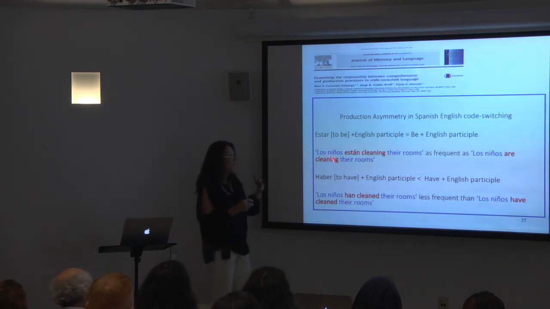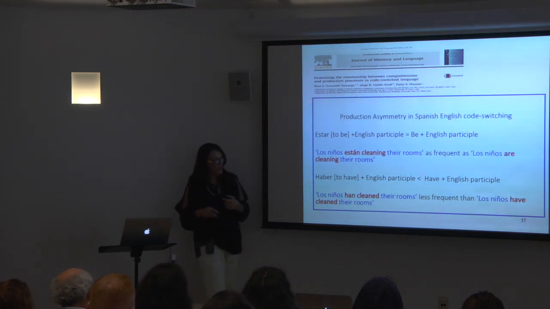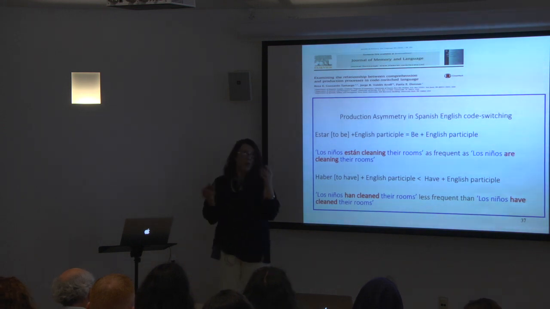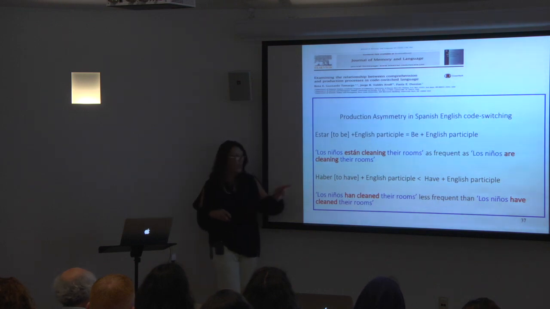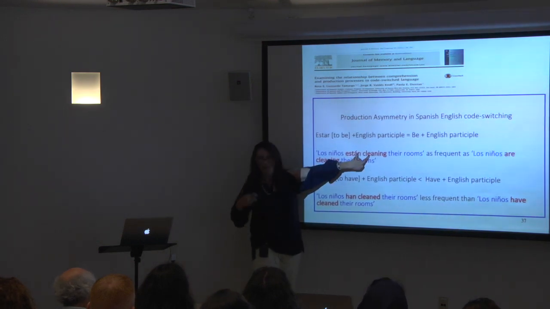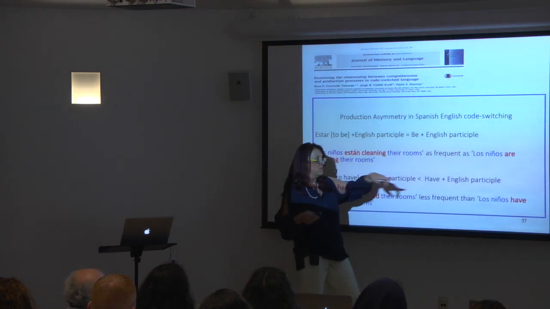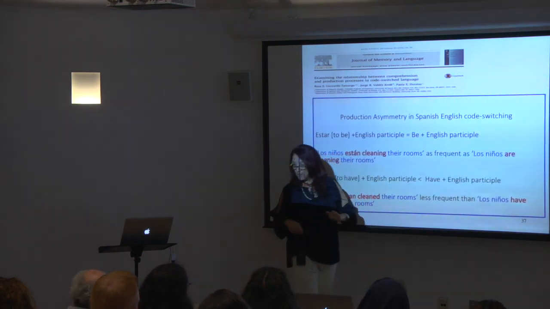So saying things like, los niños están cleaning their rooms, typically occurs as frequently in code switching and bilingual corpus as los niños are cleaning their rooms. So switching here is just as frequent as switching right here.